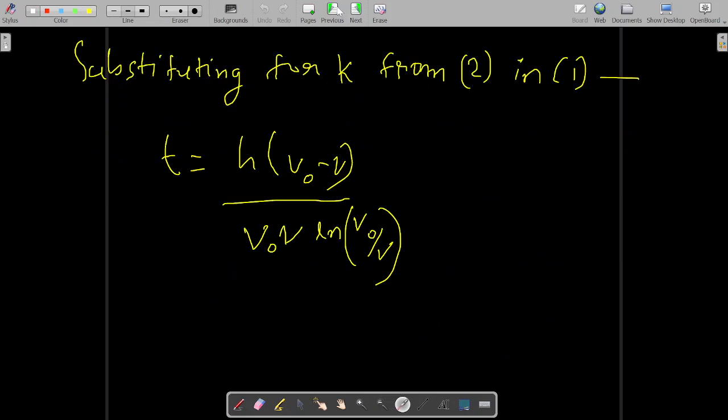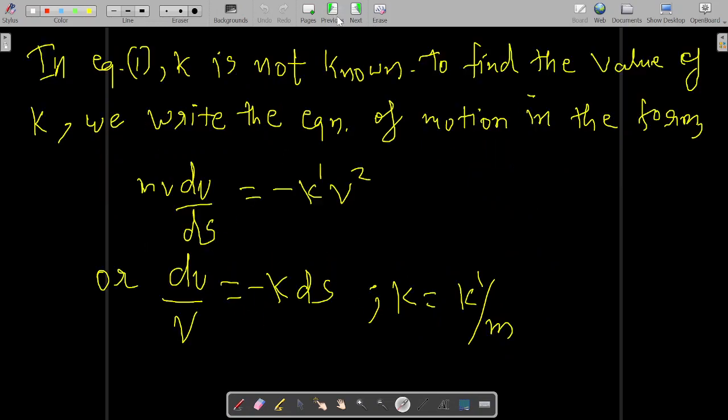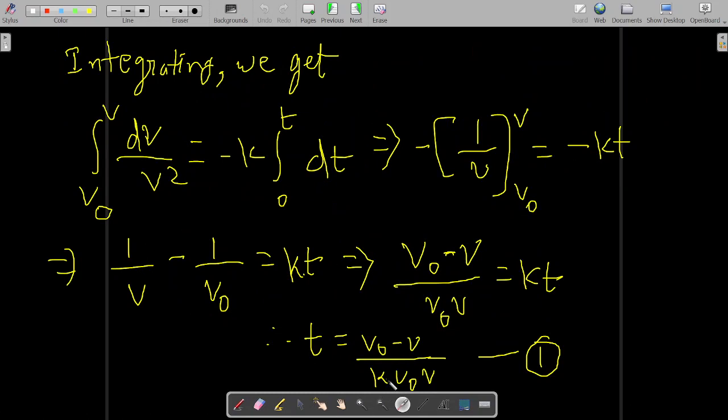Then what will we do? As we have found out the value of k in terms of all the known variables. So known variables are h, v naught and v as given in the question. So from here this value of k, as we have found out to be in terms of the given variables, we can successfully substitute this k value in this equation 1, which we have already found out earlier.